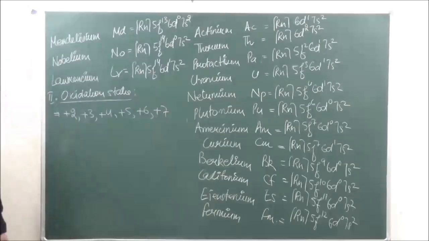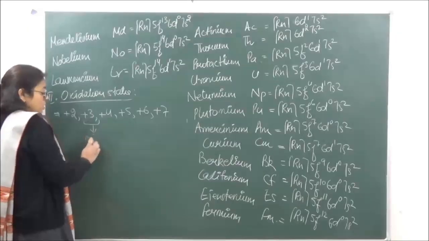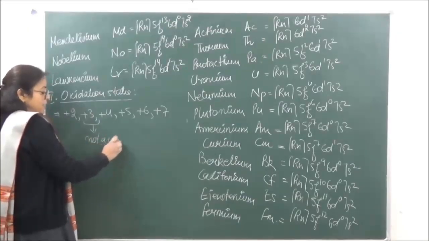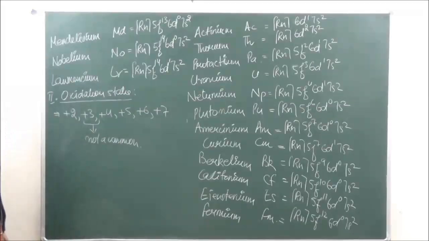So they can show oxidation states of these. But the +3 oxidation state over here is not very common. Just as you studied in lanthanoids that the +3 oxidation state is very common, in this case this is not a common state. So this is one point of difference between the lanthanoids and the actinoids, right?